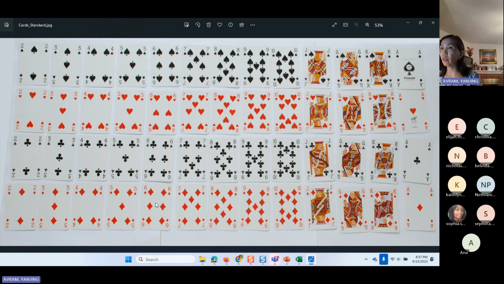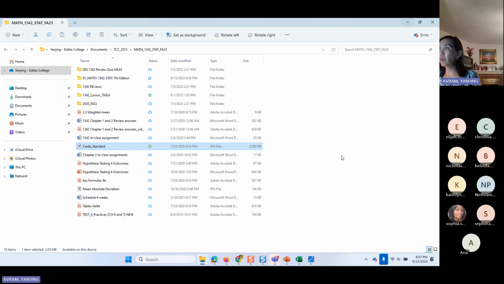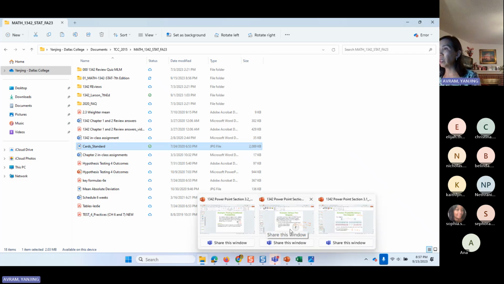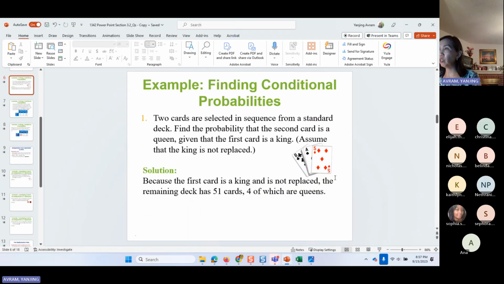You have 4 different suits, and each suit has 13 cards, from ace, 2, up to king: hearts, spades, clubs, and diamonds. The jack, queen, and king are also called face cards, because they have a face. Sometimes the question refers to a face card. Just FYI, you can print this out if it helps you with the question.